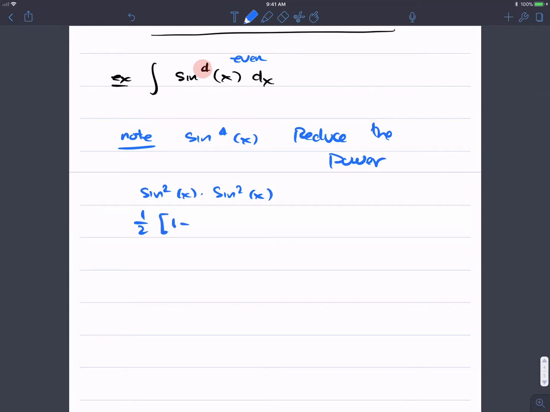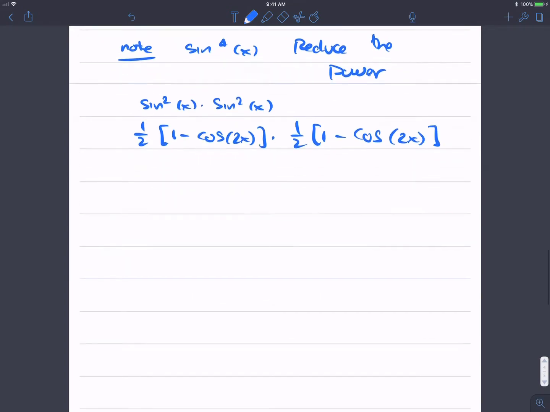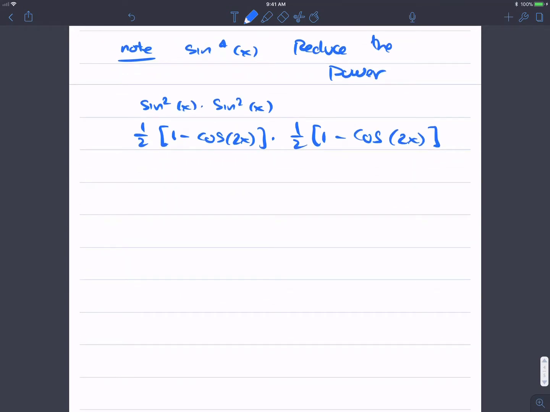So this will be 1/2 (1 minus cosine 2x), 1/2 (1 minus cosine of another 2x). So algebraically speaking here, the order in which you multiply does not matter. So my 1/2 times 1/2 becomes 1/4. And now I just have 1 minus cosine 2x times another 1 minus cosine 2x.